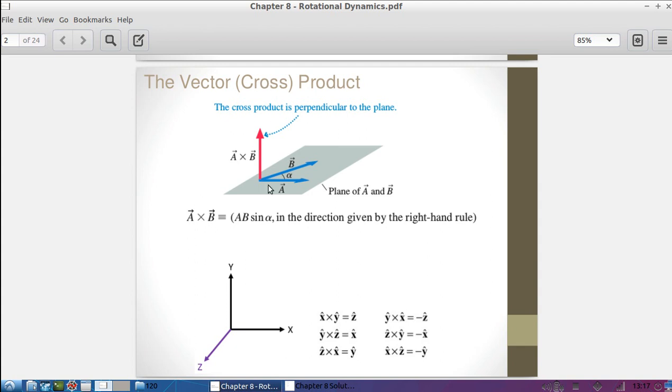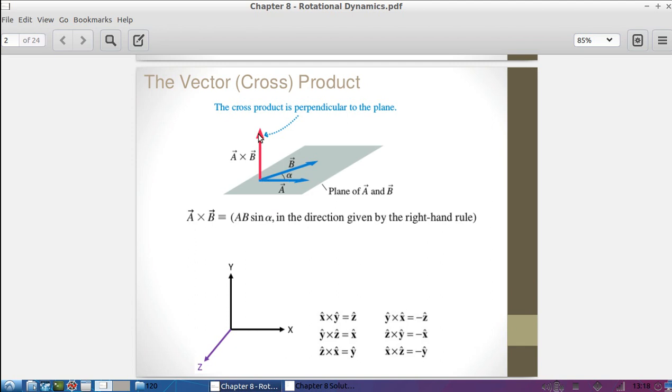The cross product results in a vector A cross B that's always perpendicular to the plane on which A and B lie. So let's say this was the XY plane. Let's say you had two vectors, one in the X direction, one in the X and Y direction, but they're both lying on the XY plane.